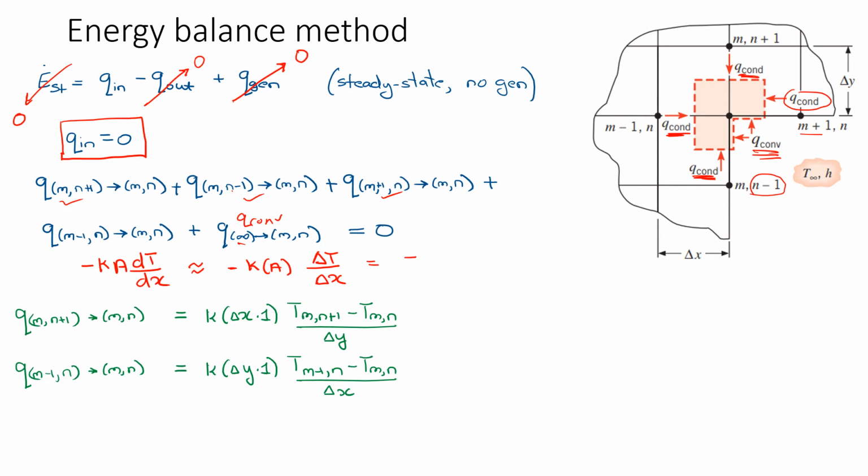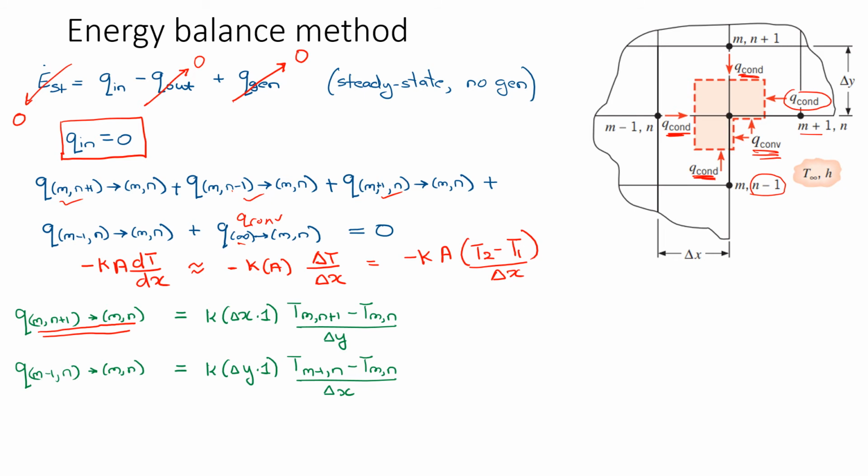So your equation will be minus k times whatever area is through which heat is being transferred, multiplied by T2 minus T1 divided by delta X. If it's in the X direction, it will be delta X. If it's in the Y direction, it will be delta Y. So let's look at our first term, that is Q being transferred in the Y direction.